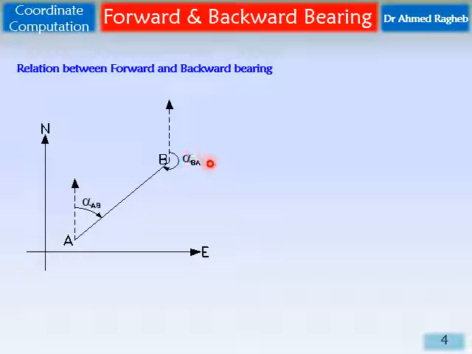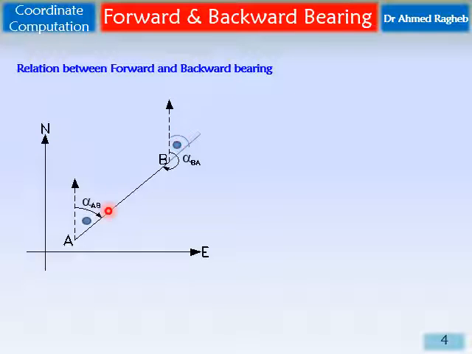What's the relation between the forward bearing and the backward bearing? We want to get a relation between the forward bearing alpha AB and the backward bearing alpha BA. This relation can be distinguished easily if you're going to extend this line. So basically this angle equals this angle.